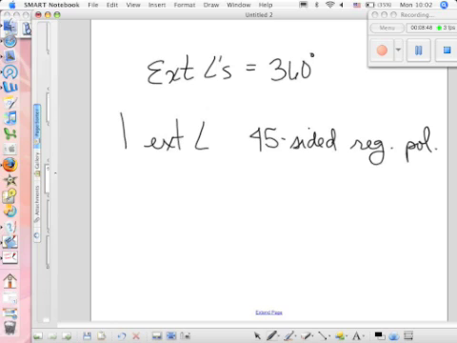Actually it'd be 360 divided by 45. Because if all the angles add up to 360 degrees, and there are 45 of them, and they all equal each other, then the way I find each exterior angle is to divide the exterior angles by the number that there are, by 45. And I'd get that answer, whatever it is. 8. Okay, so each exterior angle would be 8 degrees.